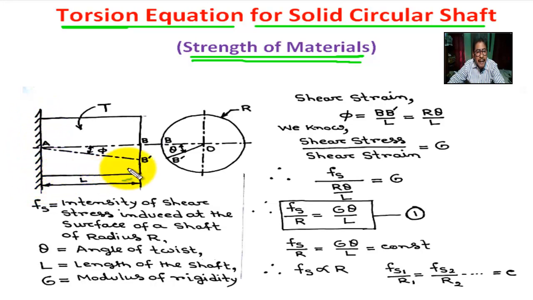The radius of the shaft is R and the length of the shaft is L. The shaft is subjected to a pure torsion due to the application of torque T at the free end.